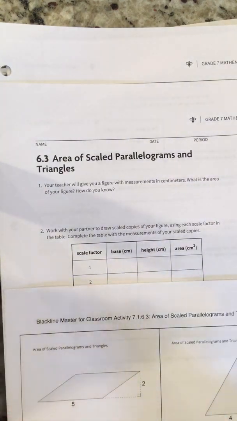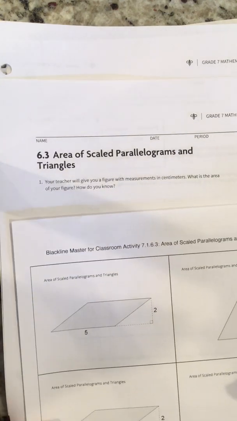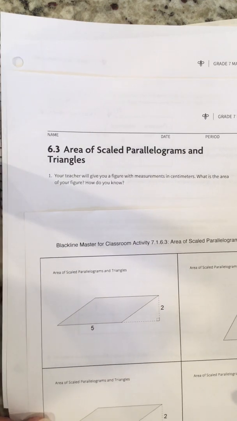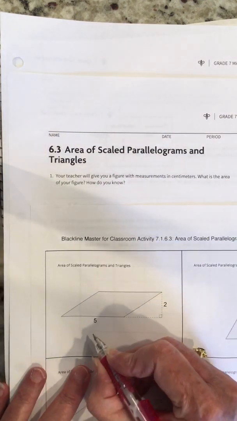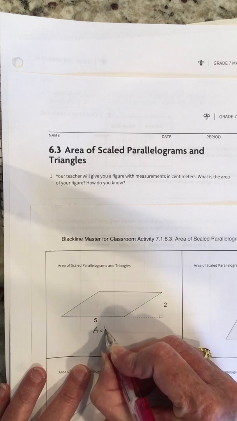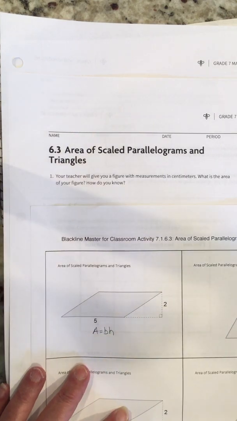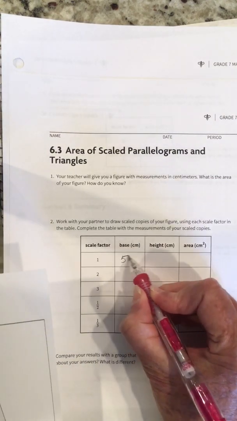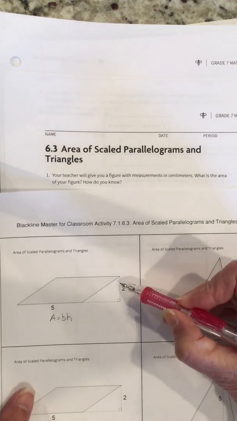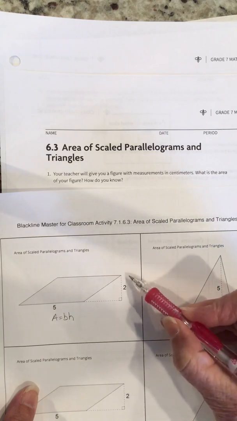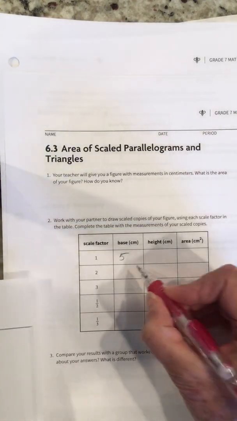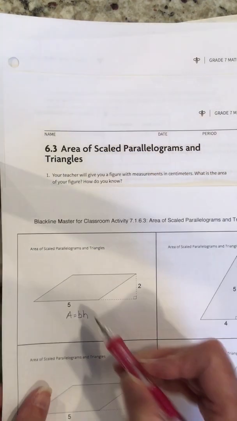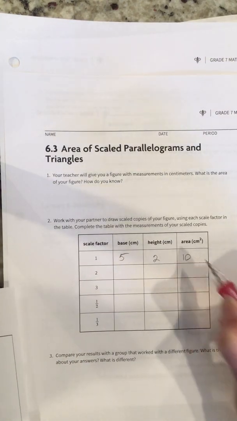So we're going to start out with this parallelogram, and remember the formula for area of a parallelogram is base times the height. So if we have a base of 5, and a height of 2, because the base and the height occur at the right angle, if we multiply the base times the height, we get an area of 10.